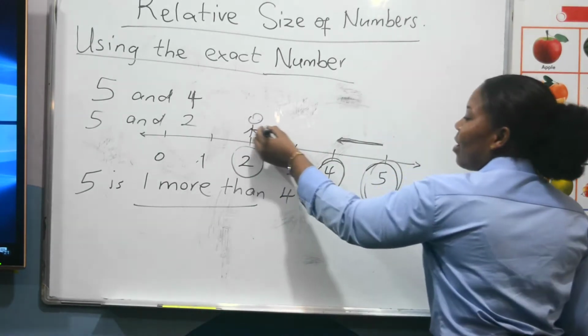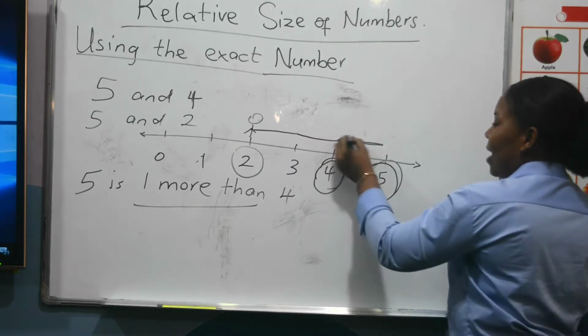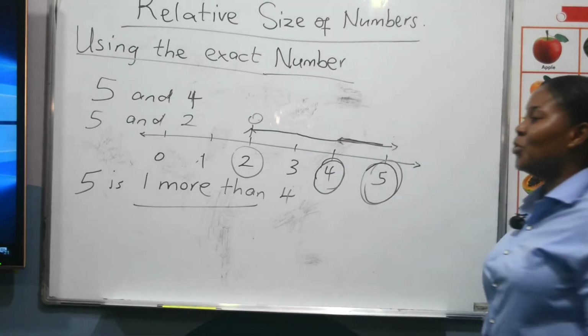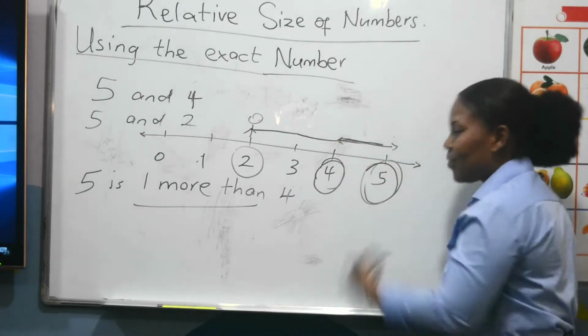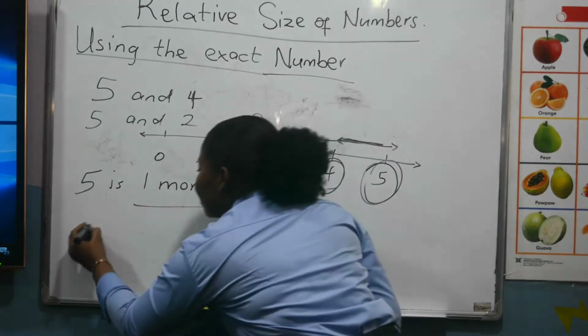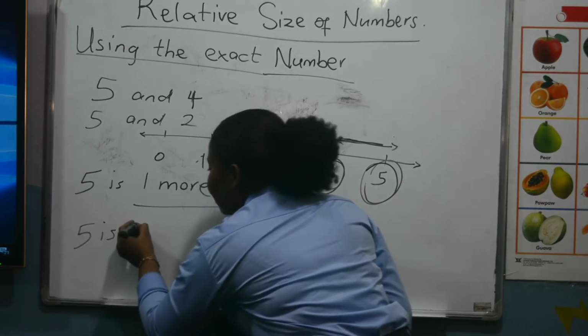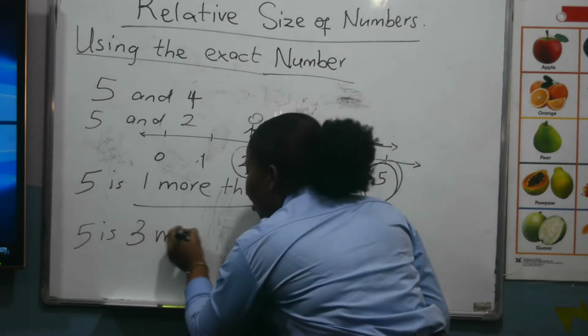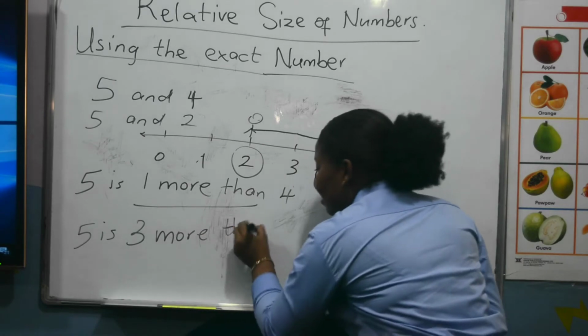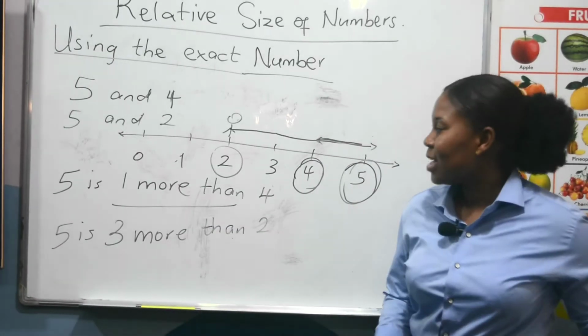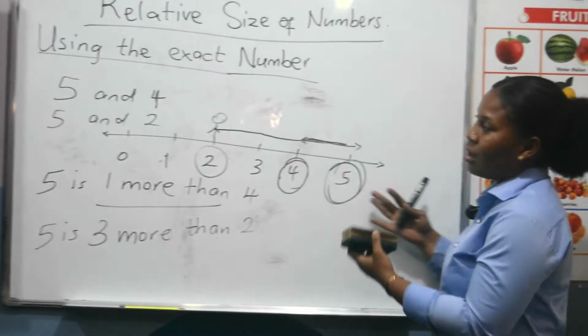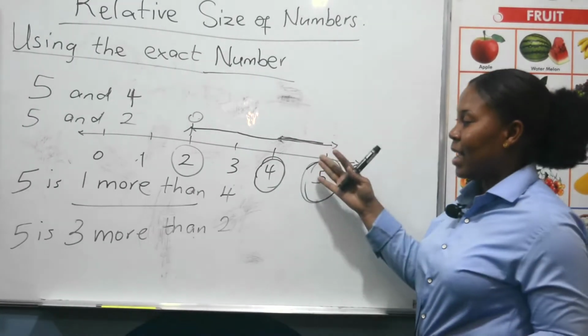Let's count together. 1, 2, and then 3. Very good. So Amma moved 3 times before reaching 5. So we say that 5 is what? 5 is 3 more than 2. Very good. So that is our example using the number line.